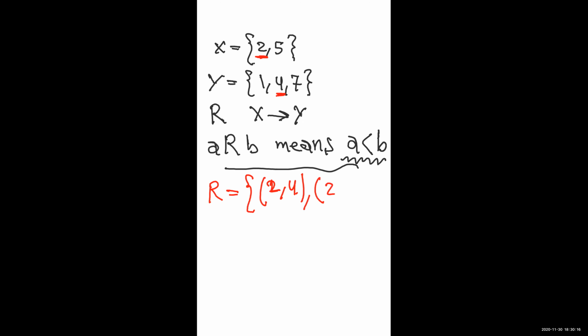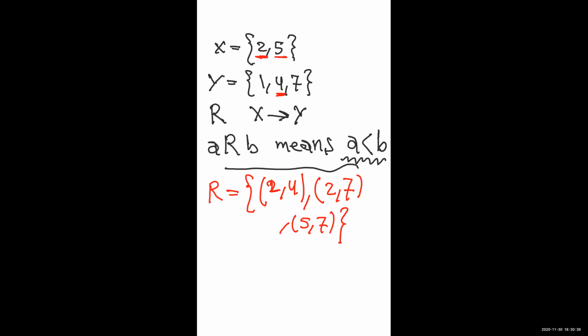Then the second element, 5. Is 5 less than 1? No. 5 less than 4? No. 5 less than 7? Yes. So 5 and 7. So this is the relation.